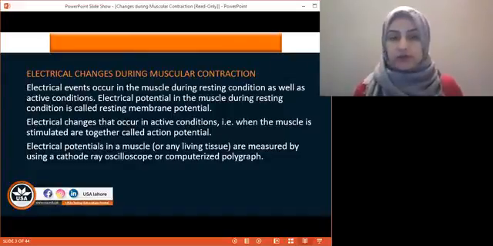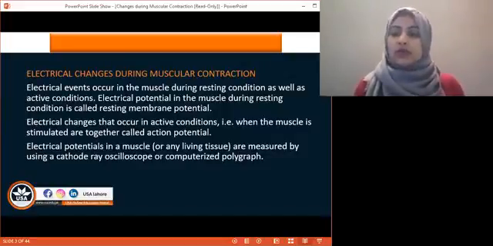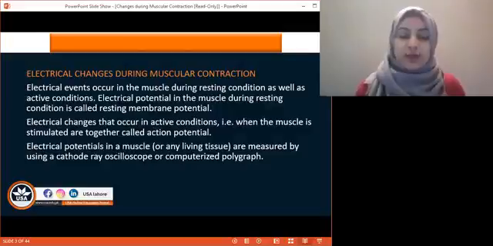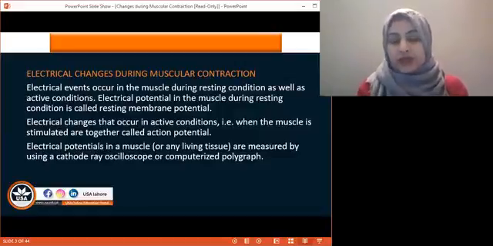Even if you move your hand like this or this, or decide to move ahead or backward or forward, a series of events is happening in your body. Today we will only focus on the electrical changes which make the muscle contract.